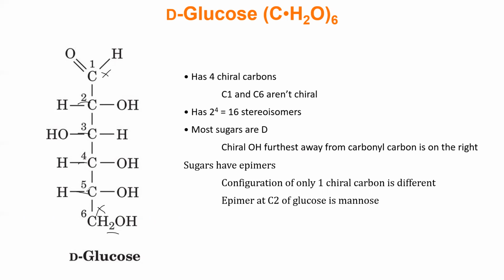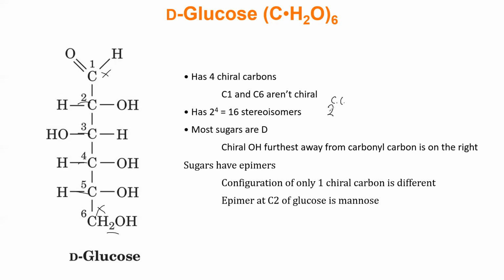And when it comes to sugars, we have what are called stereoisomers. A stereoisomer is a sugar that has the same number of carbons, but the chirality of the carbons is different. The quick math for this is 2 to the power of how many chiral carbons you have.